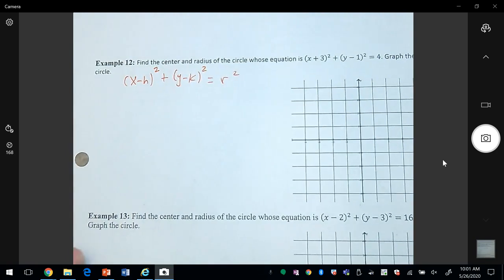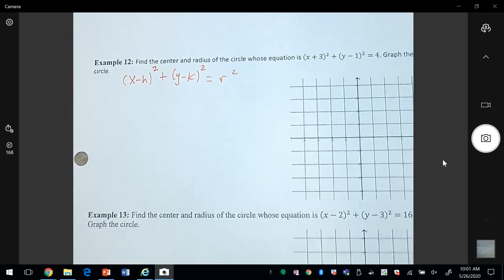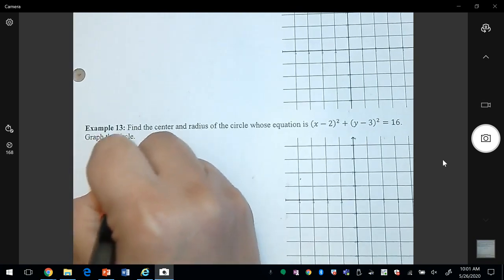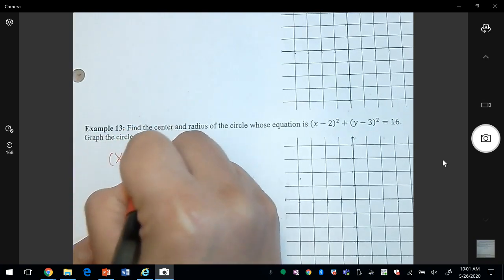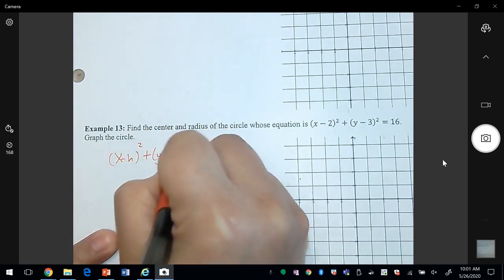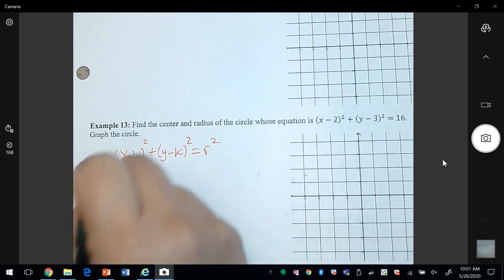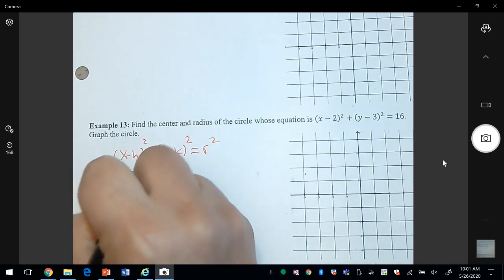Okay, and then I'm going to go ahead and write, in fact, let's do example 13 first. So I like to write the formula down, and then right below it, I'm going to write down our equation.